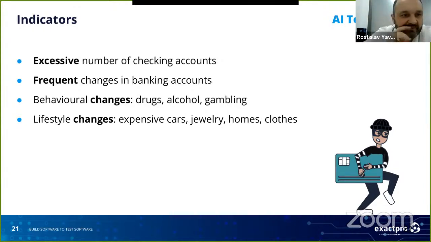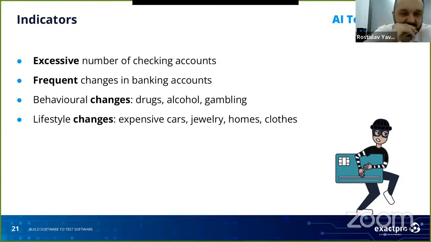Another indicator is frequent changes in banking accounts. Again, frequent means something not normal. Number 3, behavioral changes, and number 4, lifestyle change. Again, we are speaking about changes, so about something which is not normal, I mean normal from observation, from data analysis.